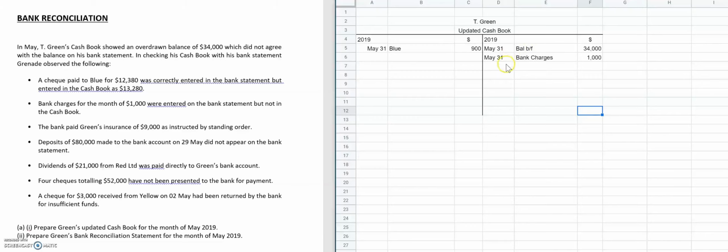And since it's a payment, it will be placed on the credit side of the cash book. And the amount was $9,000.